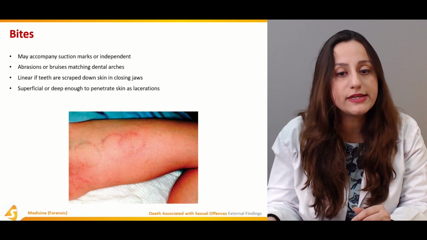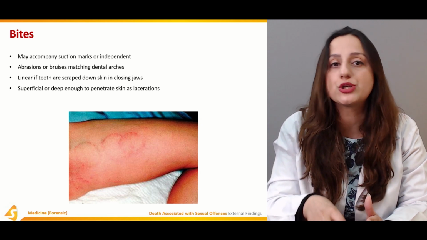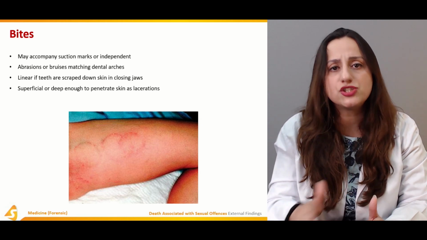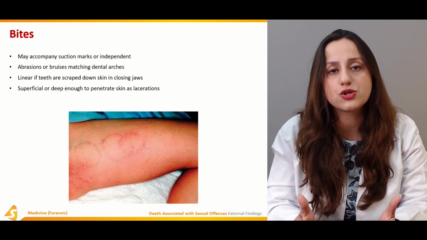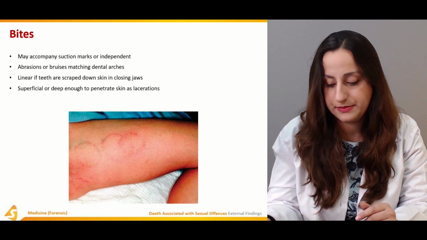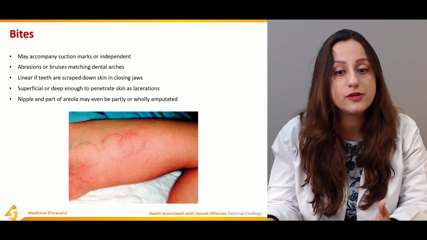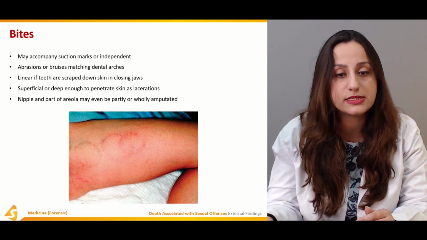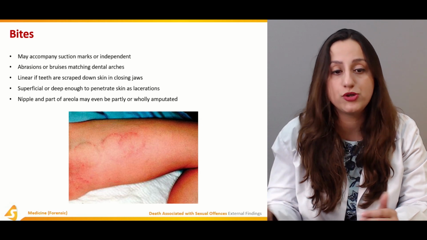They may be superficial or deep enough to penetrate the skin as lacerations. If they're deep enough, then they're going to cause lacerations. And if they're just superficial, that means it is going to just cause bruises, or they can be of an abrasion kind. Nipples and parts of the areola may even be partly or wholly amputated in such cases. So if they are found in such states, they have to be documented in detail.